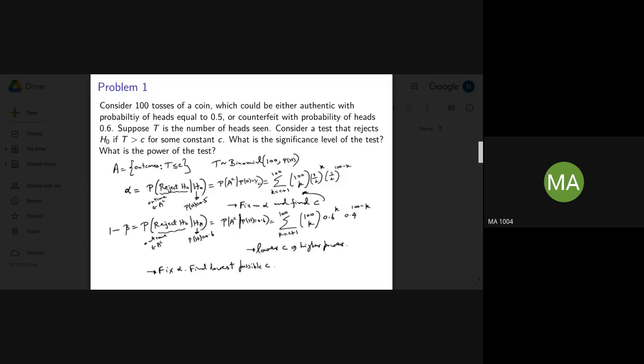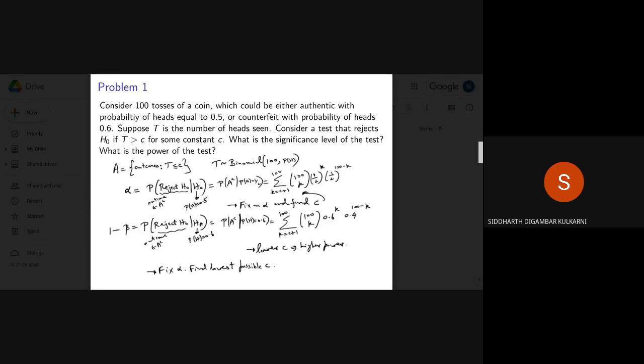Now you have to find the significance level of the test. So what is the significance level? Significance level is the probability of making type 1 error, which we also call alpha. And alpha is the probability of rejecting H naught when H naught is true.